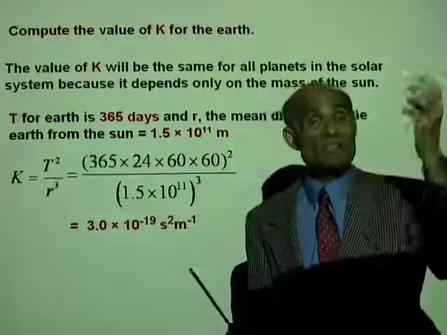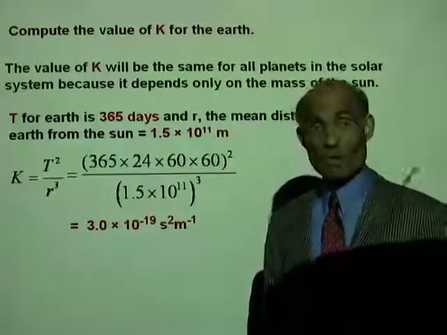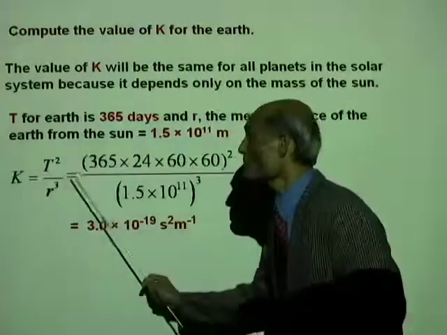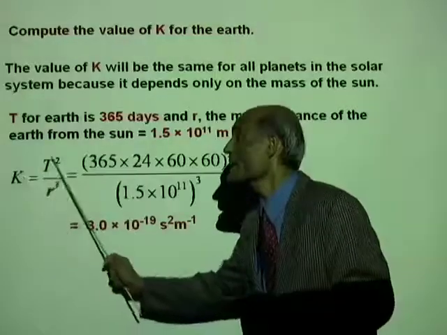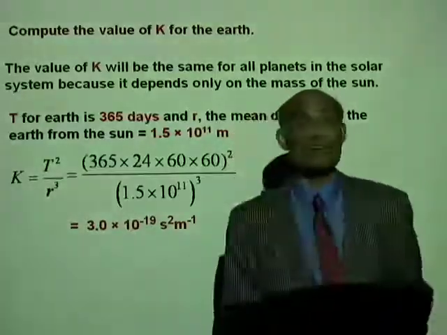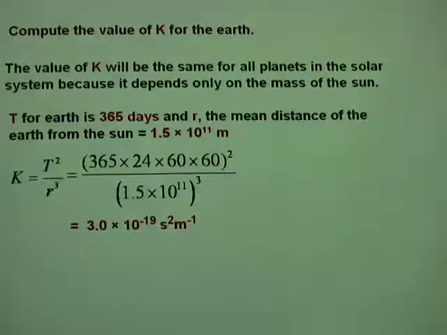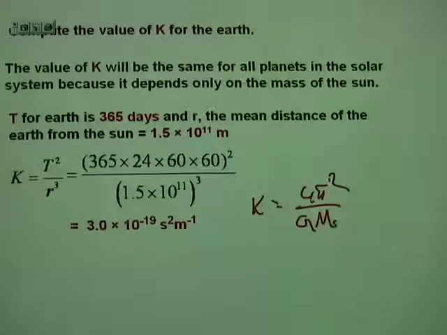Once you calculate the value of K for the Earth, you know that this is the same value for Mars and so on. We calculated K using this equation: K equals T squared over R cubed. But do you remember the quantity K is actually 4 pi squared over GMs?